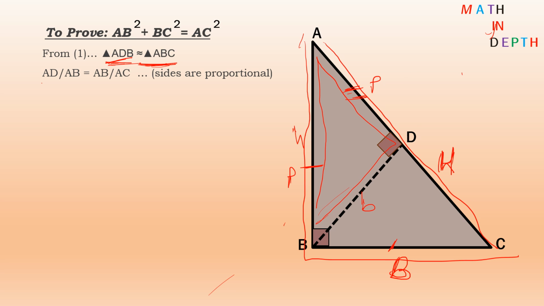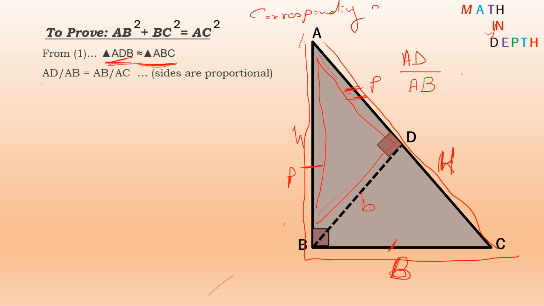Now in triangle ADB, we have taken AD, that perpendicular line. And in the big triangle ABC, we have taken AB, the perpendicular line. Now both perpendicular lines we have taken. Why? Because I said if two triangles are similar to each other, the corresponding sides are in the same ratio.